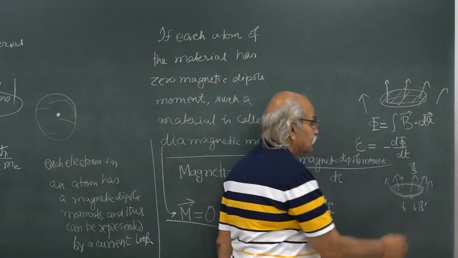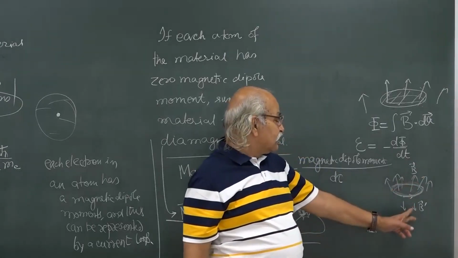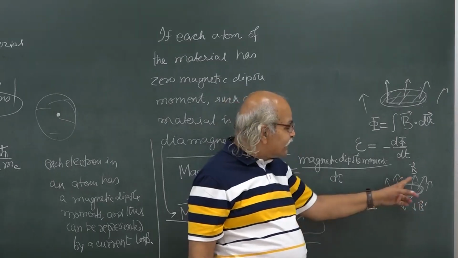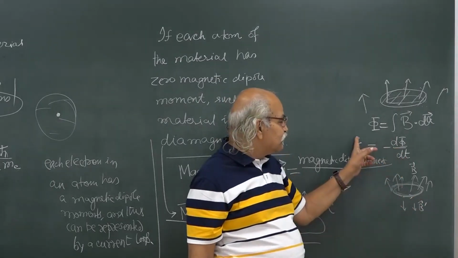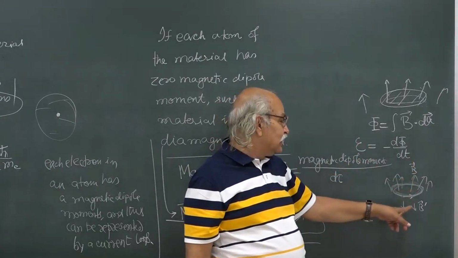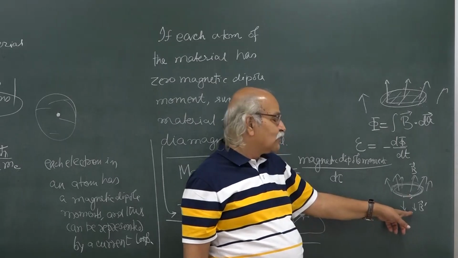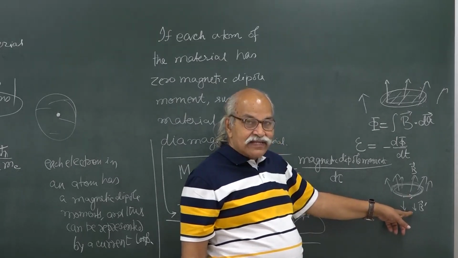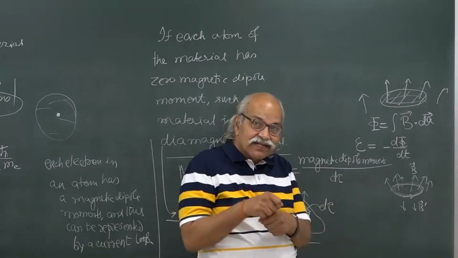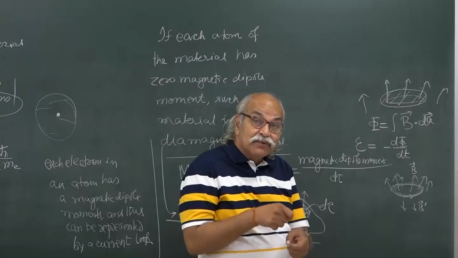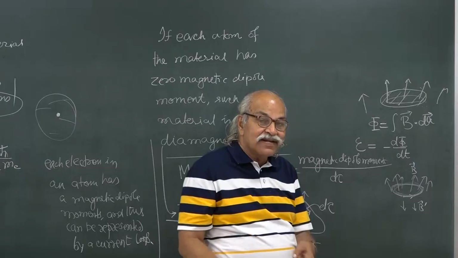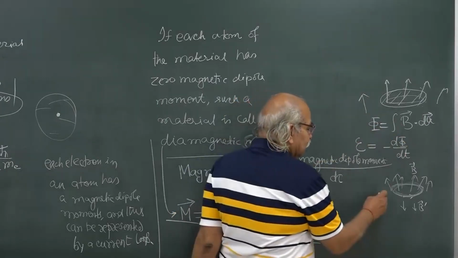This is the magnetic field that we applied, and this is the magnetic field I am talking of, which is produced by this extra current induced because of this flux change, because of this change in B, and that should produce a magnetic field in the downward direction. And that means with that extra current, if you write the magnetic dipole moment corresponding to that, then it should be in this direction.